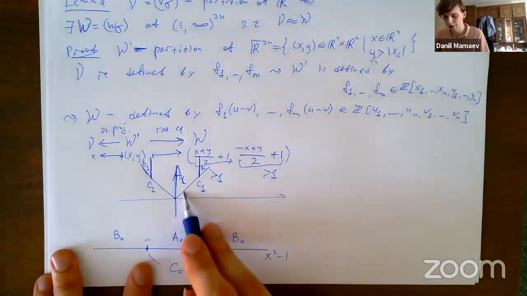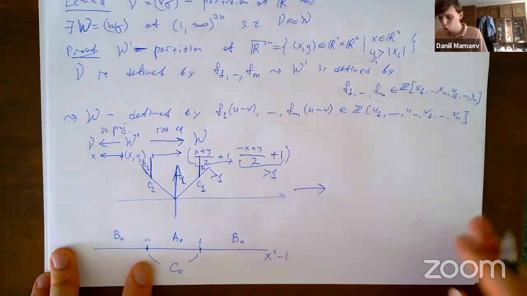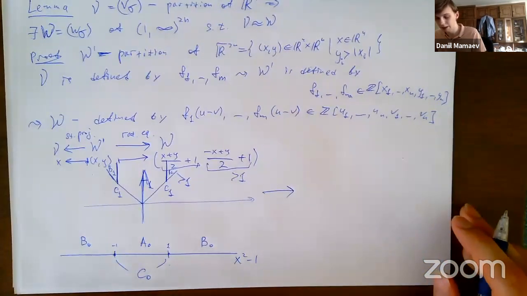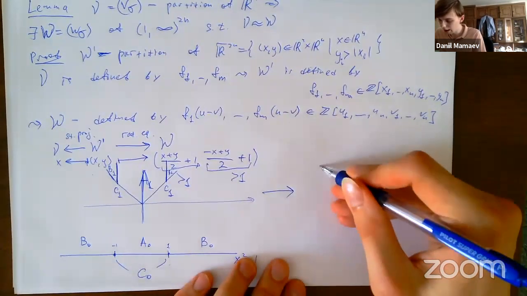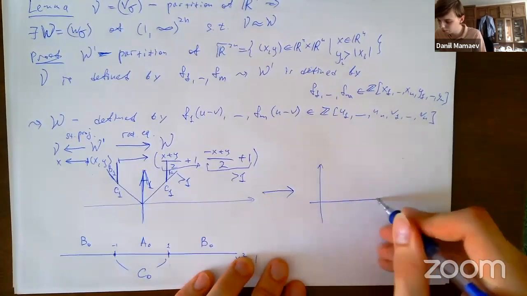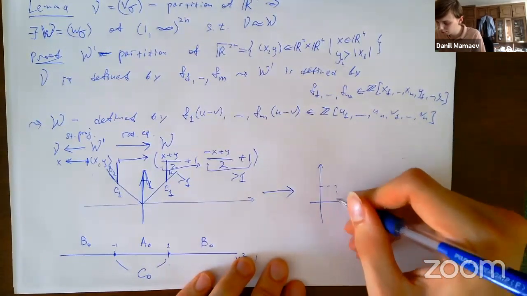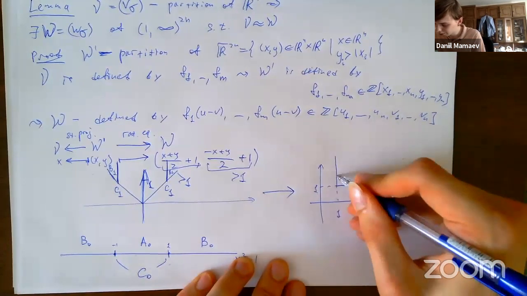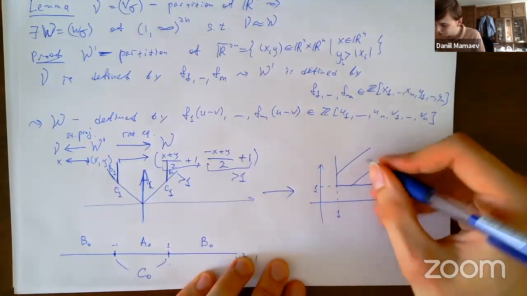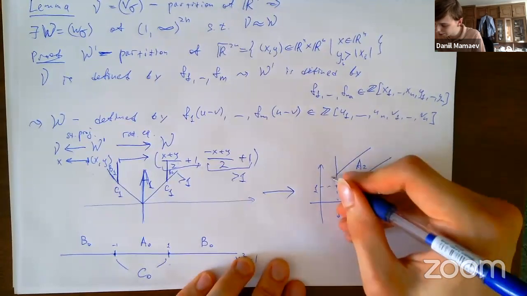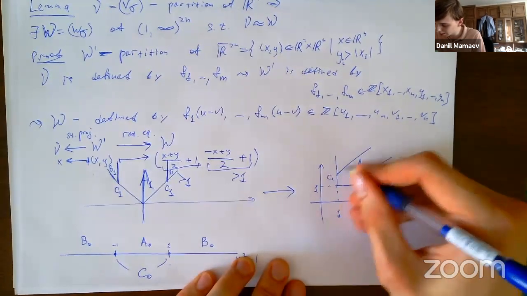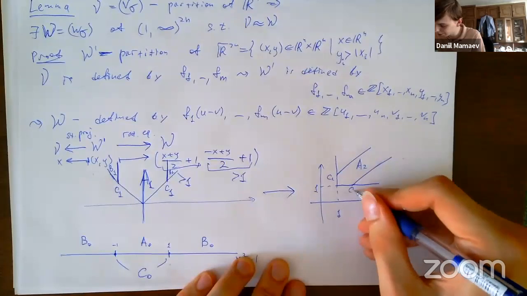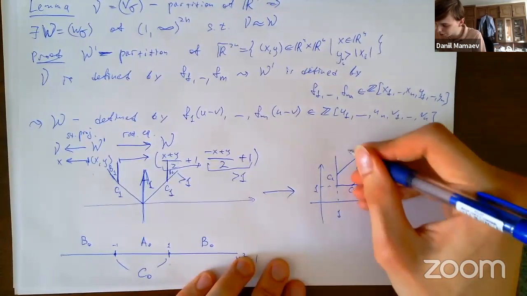So we get this partition. Then we just rotate it and move it and obtain the following partition. This is A2. This is C2, this ray is also C2. This is B2, this is B2.